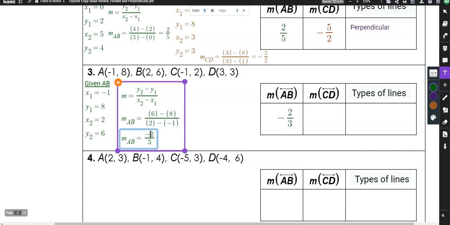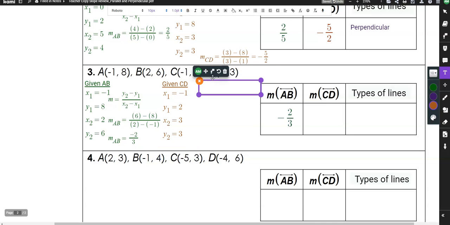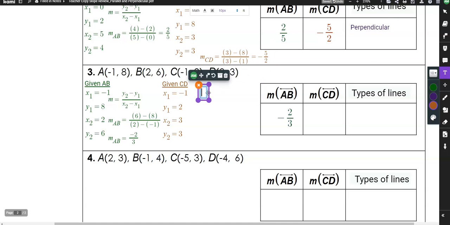Now let's go ahead and do the same thing for line CD. All right, again, instead of wasting your time having you watch me make a list of givens for the 3rd or 4th time today, I went ahead and did that already. So I put my point 1 is going to be C, and I chose point 2 to be D. So that means we have our slope, and we already have our formula, so we can do our substitution.